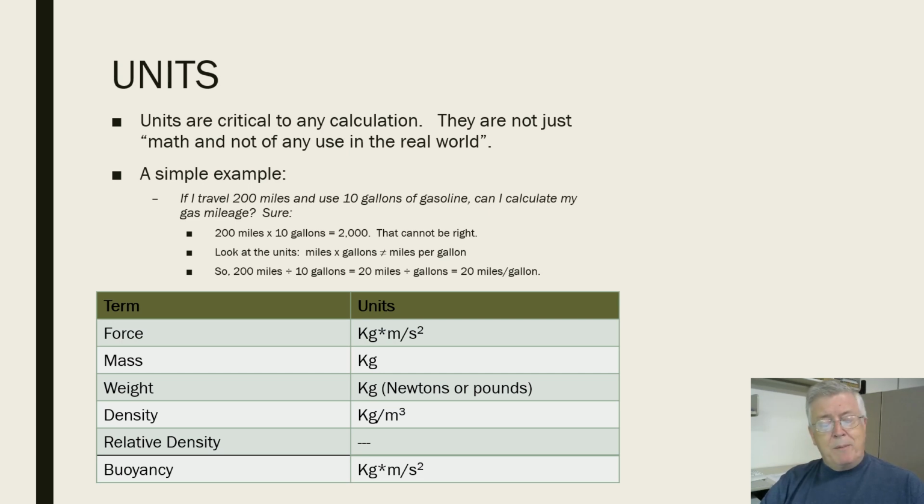Relative density, remember we said relative density has no units. The units all cancel, and so there's nothing. Buoyancy is a force, so it has the same units as force: kilograms times meters per second squared.